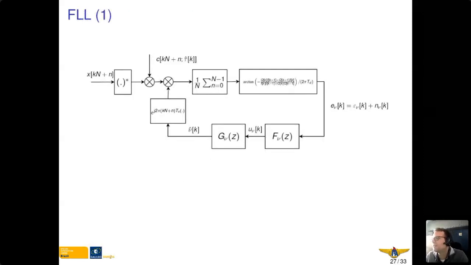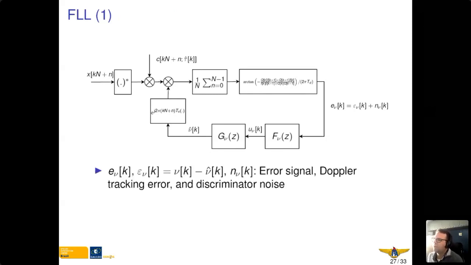This time we have the feedback of the Doppler frequency before the DLL, and inside the FLL, the prompt correlation is performed, and then afterwards in the FLL, the Arcus tangent discriminator is applied. We then again have an error signal at the output of the discriminator, where epsilon nu is the Doppler frequency error.